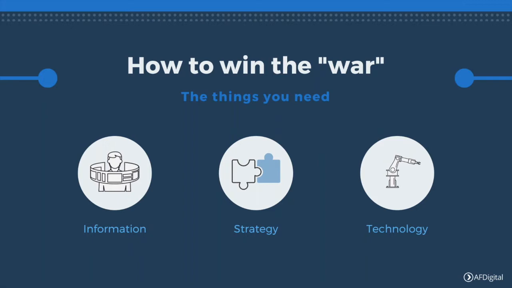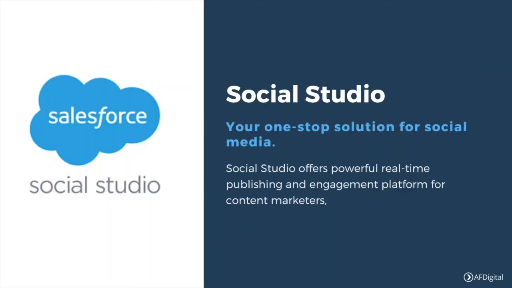But there's nothing else that I personally recommend, other than obviously the star of today's show, Social Studio. Social Studio is a powerful real-time publishing and engagement platform, not only for content marketers, not only for publishers. It also features built-in reporting tools for reports analysts and social analysts. So it's your one-stop solution for your social media needs.